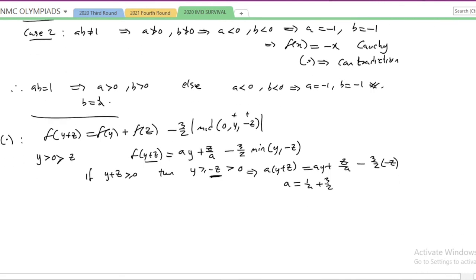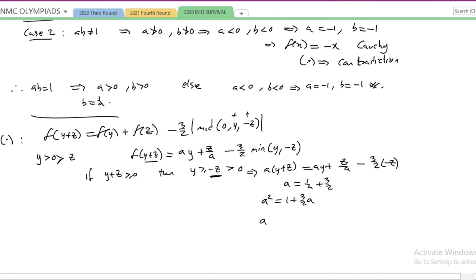So this should be enough to determine a and then b. After this, all we need to do is check that this works every time. Alright, so we have a squared equal to 1 plus 3 over 2a.